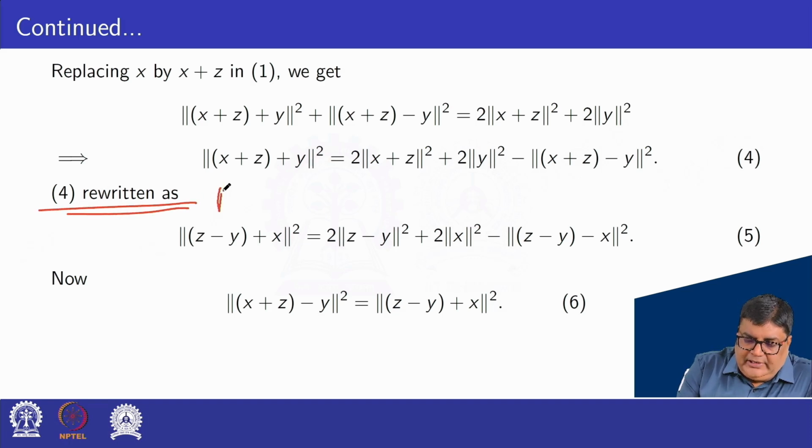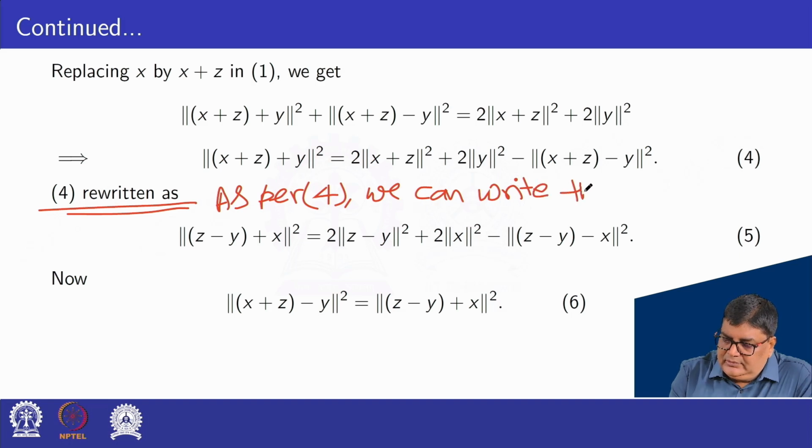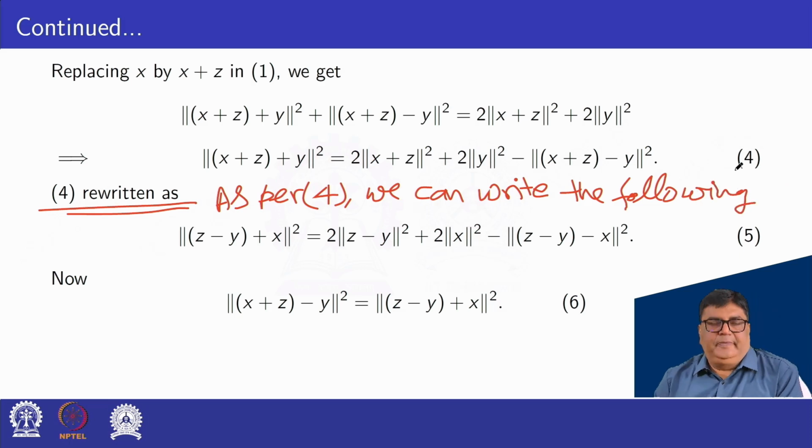This can be written as per 4. We can write, okay. Now, norm x plus z minus y square equal to norm z minus y plus x square. Correct? No change.